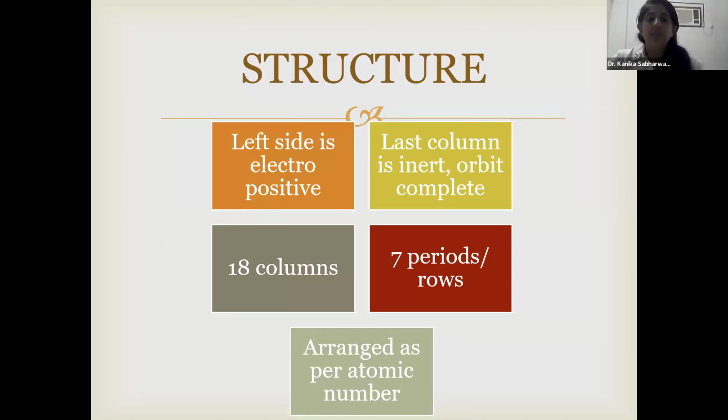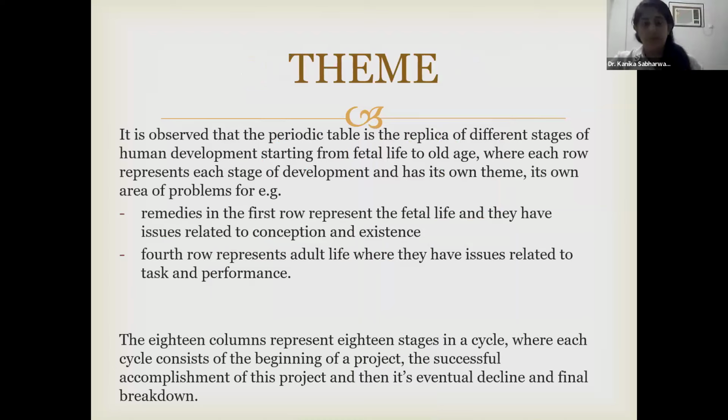Now, taking you through a little bit about the theme, broadly, if I were to talk about the periodic table, each row, that is the horizontal row, from row 1 to row 7, talks about or goes through the journey of life. So, for example, row 1, that has just 2 elements, talks about fetal life and intrauterine life.